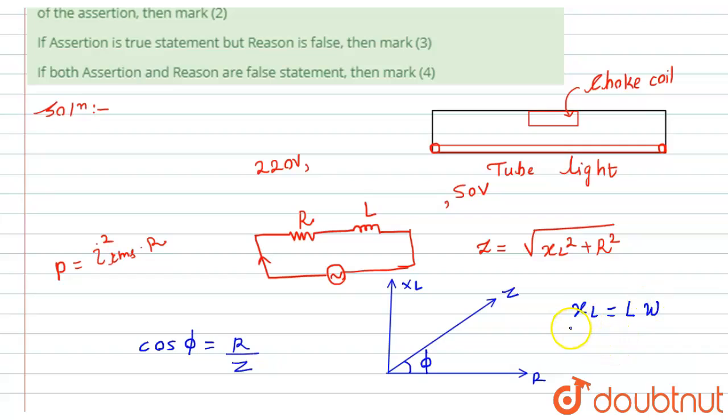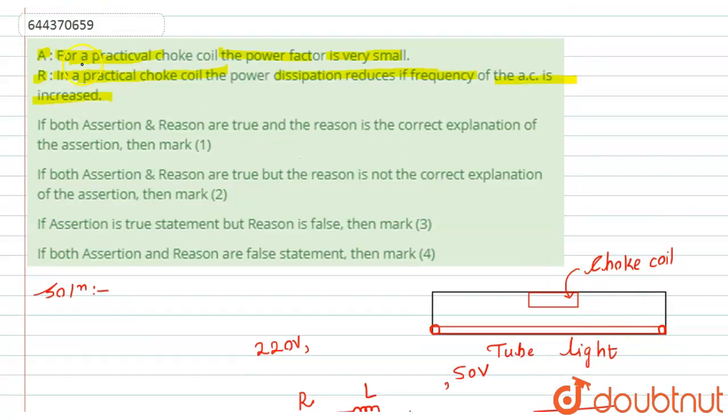To get a larger XL, the frequency, that is omega, should be increased. So cos phi, Z, XL and omega, the frequency of the circuit, are all interconnected. Increase in frequency increases XL, which increases Z, and cos phi decreases. So for a practical choke coil the power factor is very small.